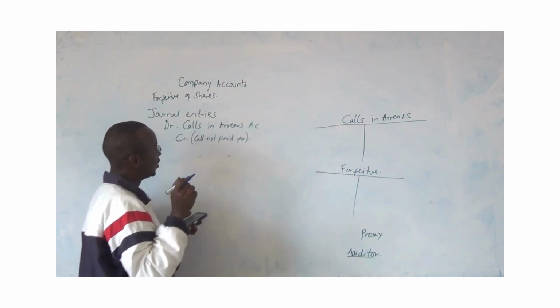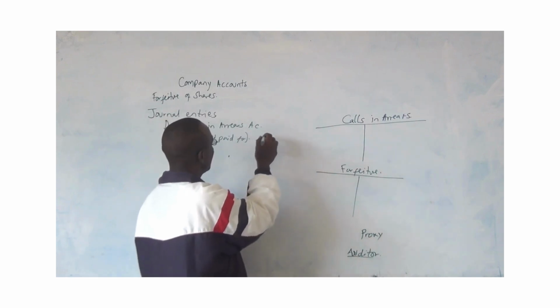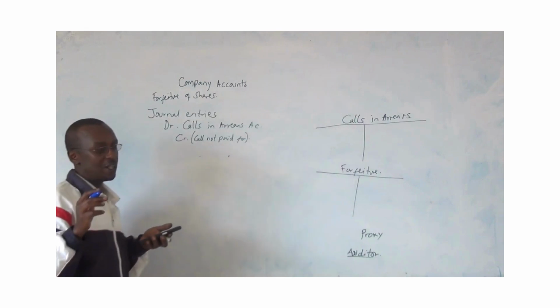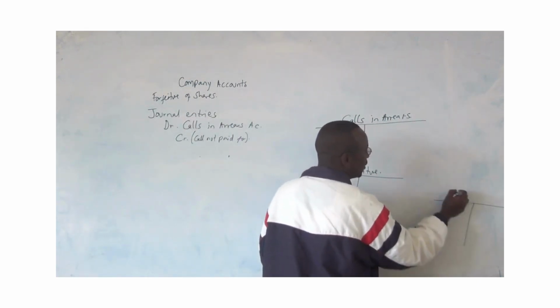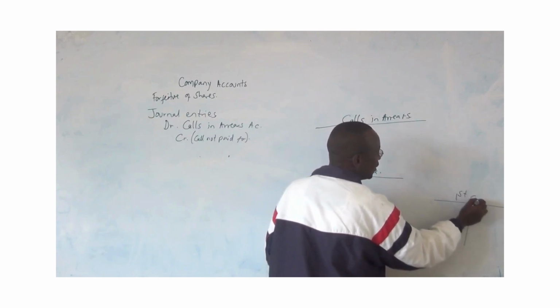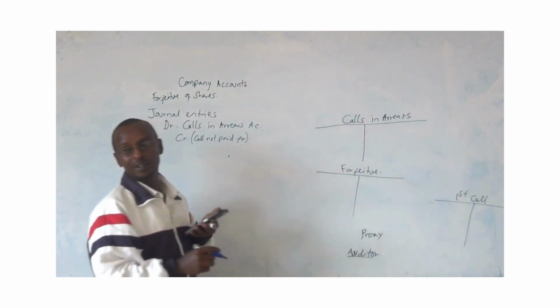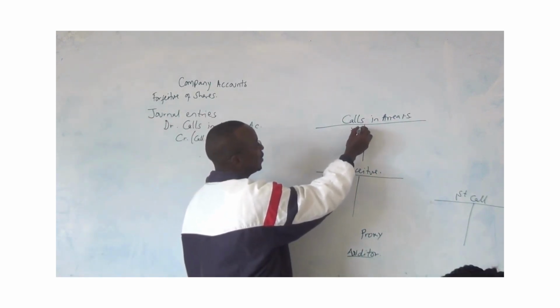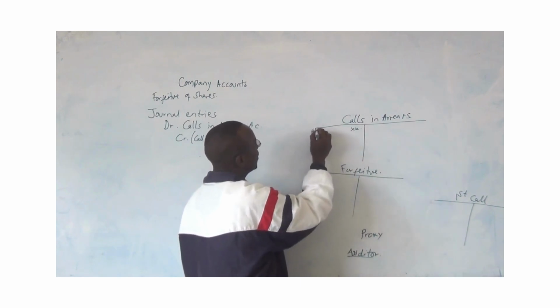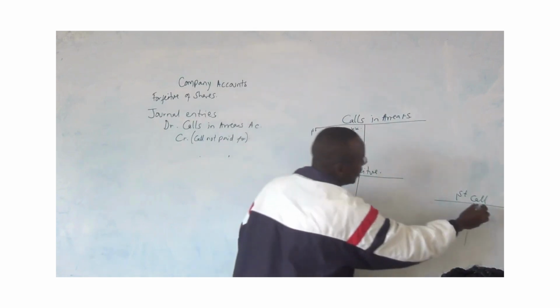That is for the amount owing. Now, what do you mean here? There was that first call, or the call that was not paid. So we are going to debit here. And credit.